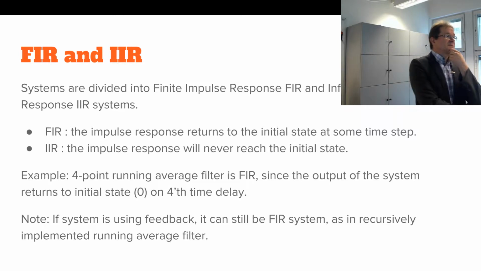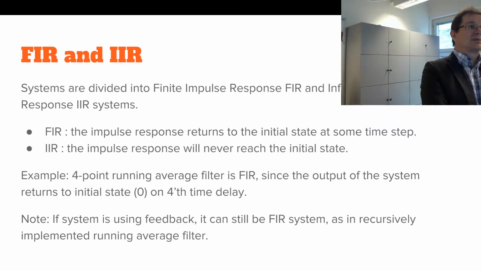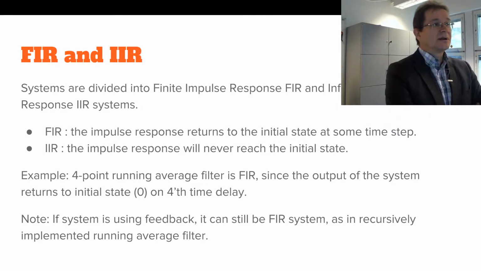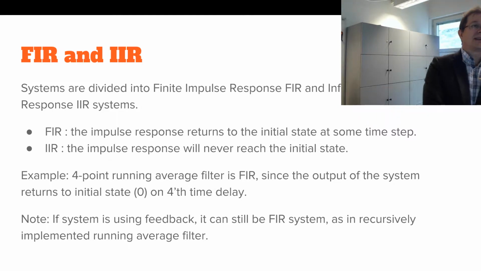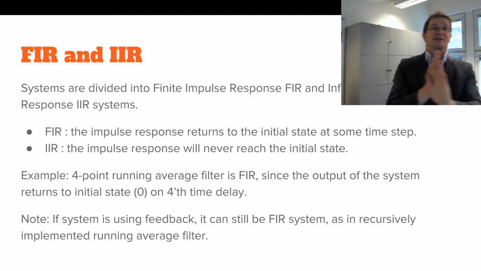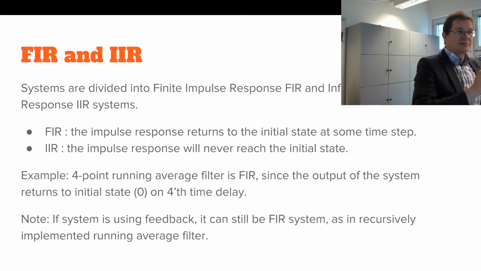Basically, systems are divided into two classes based on the impulse response: finite impulse response and infinite impulse response systems. Finite means that it ends. When an impulse hits the system, at some point the signal dies out totally, completely.